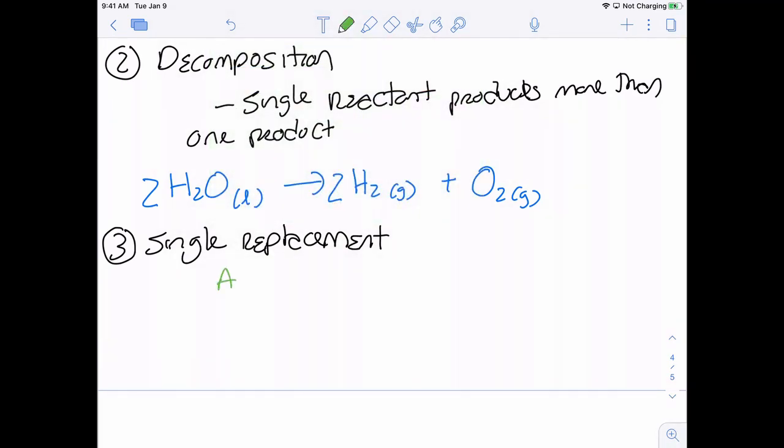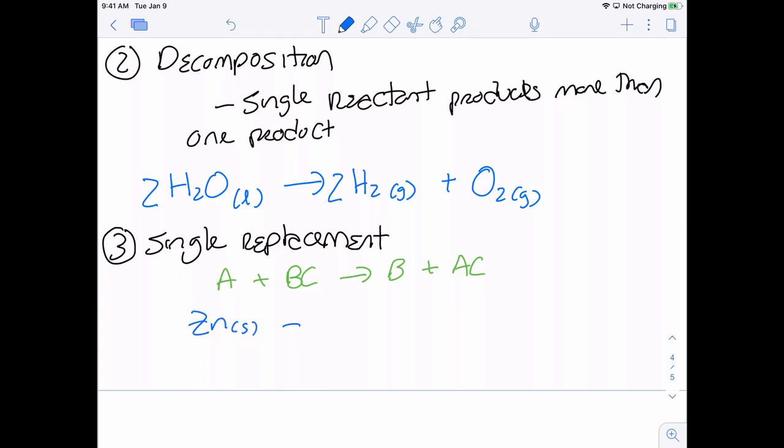So kind of just a generic version. I could say A, that's my single one, plus B, which is bonded to C. And then A is going to replace B. So B is now going to be by itself, and A is bonded to C. So single replacement. A real example for us, we could do zinc.